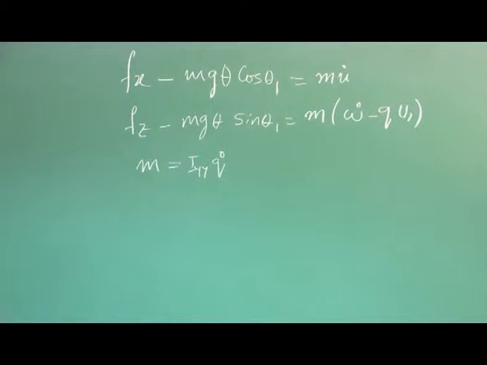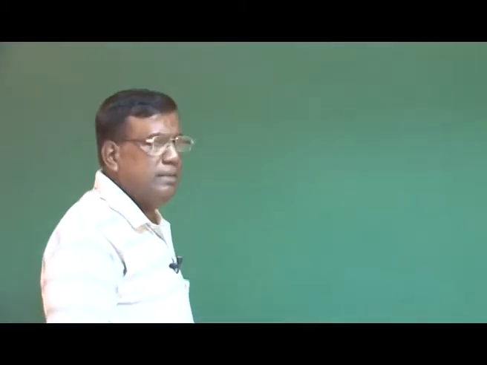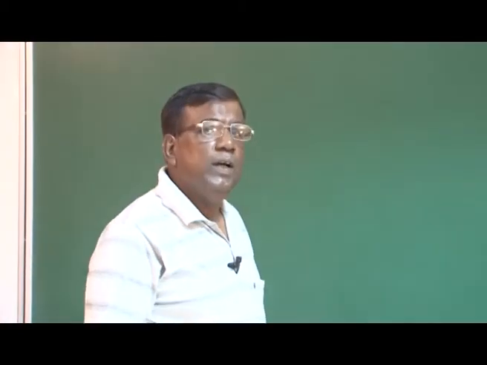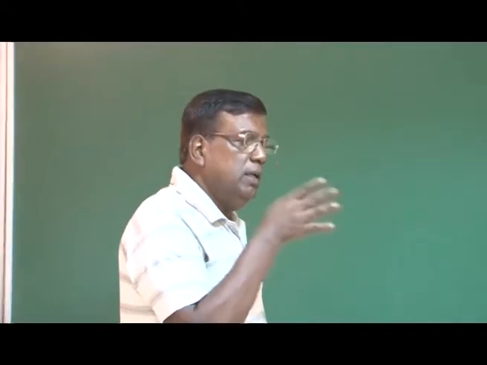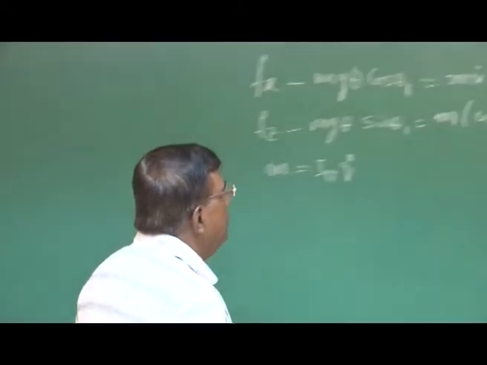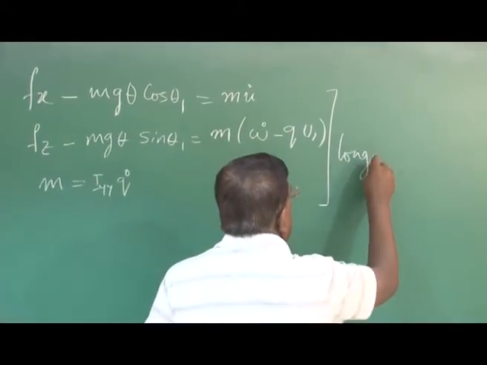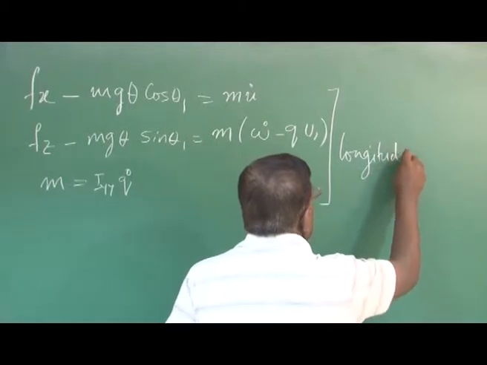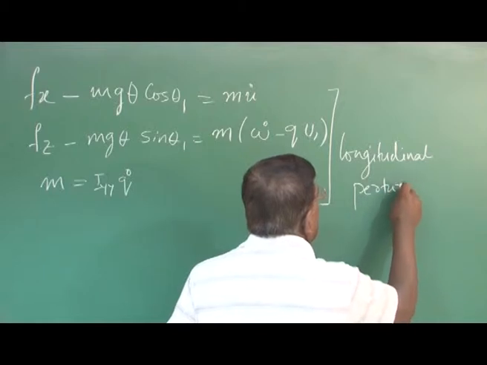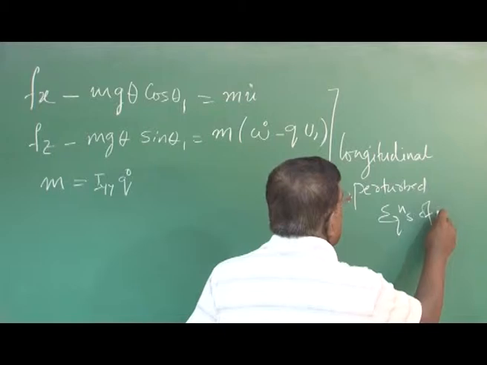But we are also clear that we are using the stability axis system as the body fixed axis system, which is designed in such a way that the orientation of x is towards the velocity vector in the vertical plane. We are talking about only longitudinal perturbed equations of motion.